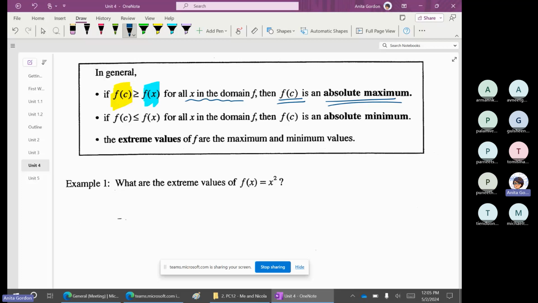So if there is a value c, x equals c, where I put it into the function and the value is higher than at any other value of x, then it is an absolute or global maximum.